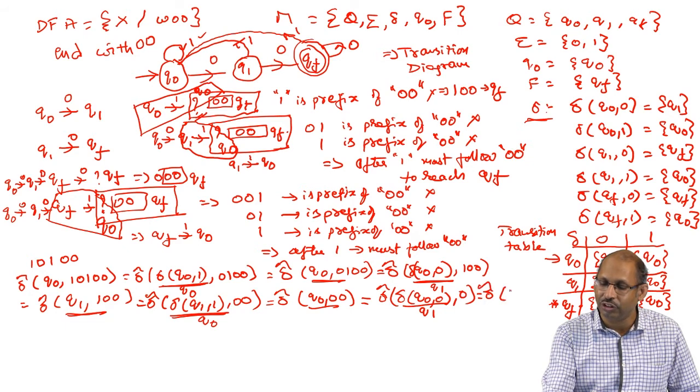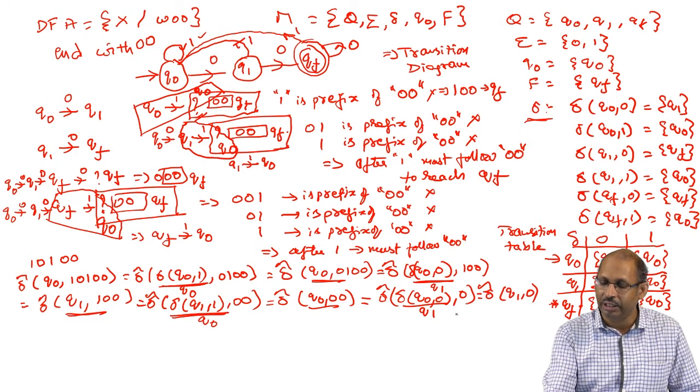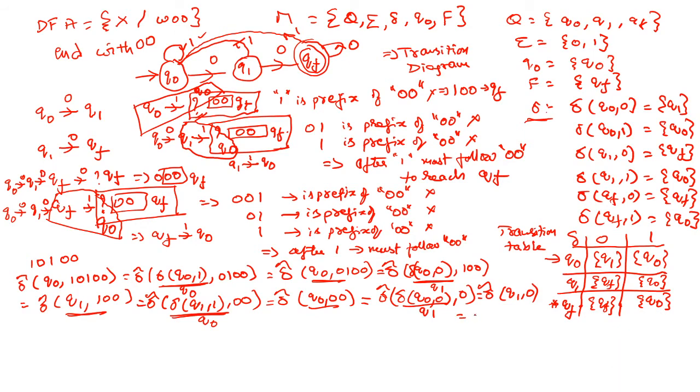Now, the string transition function of Q1 on 0 is QF, which belongs to the final states. So the string is accepted.